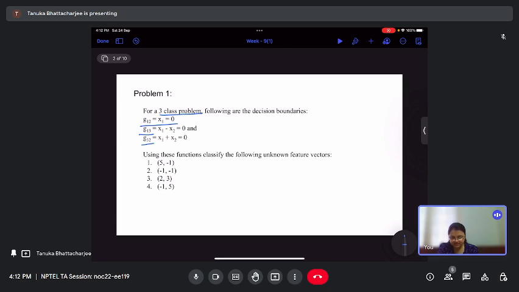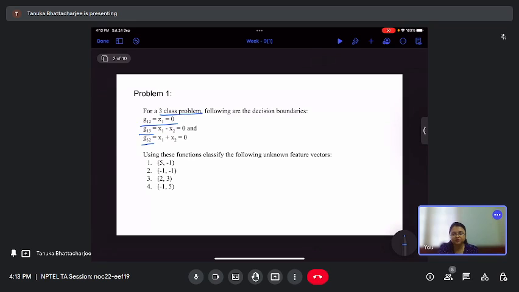Now since it is given as the decision boundary, if you take the value of, let's say, G12, which is x1, the decision boundary is x1 equal to 0. If a point satisfies the equation x1 equal to 0, then it lies on the decision boundary. But if the value of G12, that is the value of x1, is positive, then it is on the positive side of the decision boundary, and otherwise it is on the negative side.